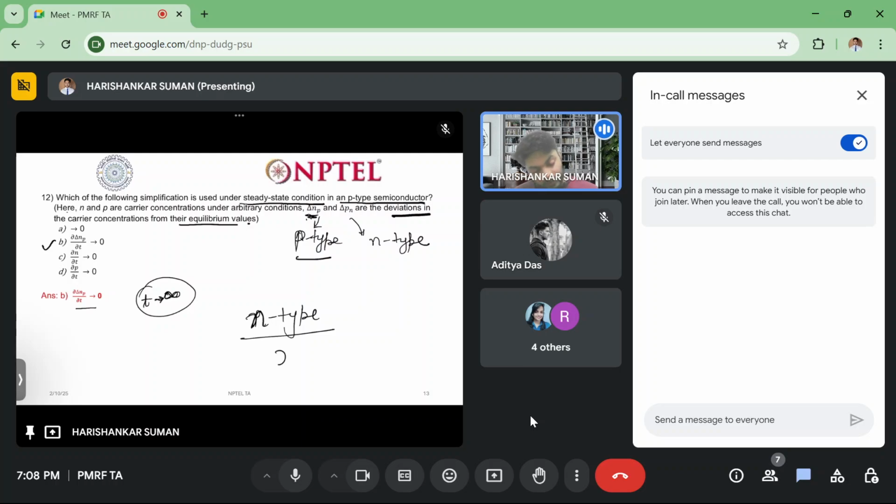So the delta change will be 0 at equilibrium or when t tends to infinity. Clear?